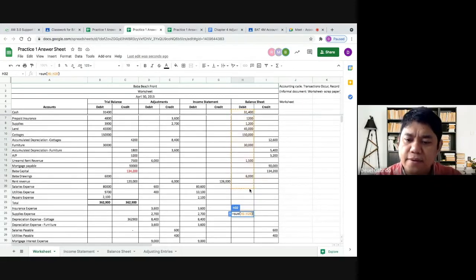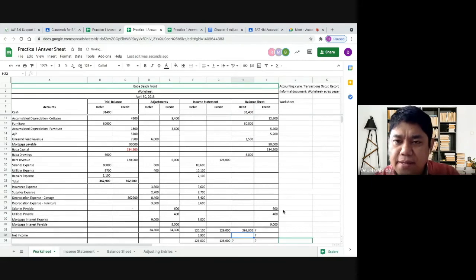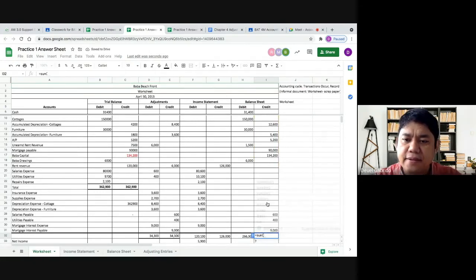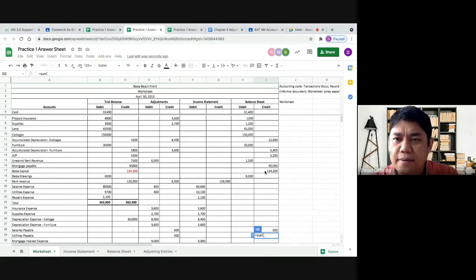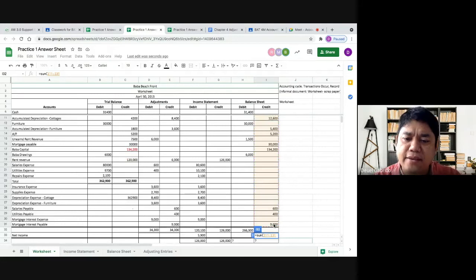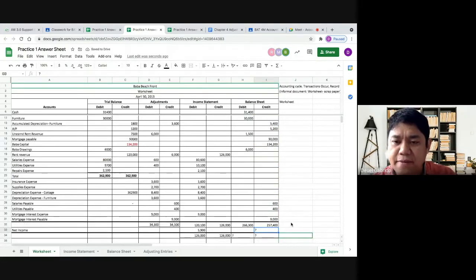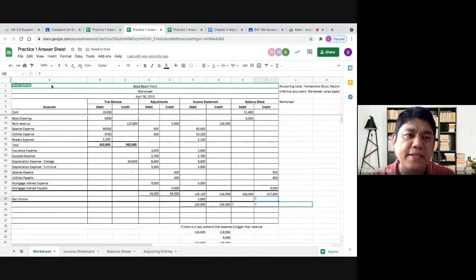My debit is 266,300, and then my credit is, let's see, from 12,600 going down to the last number, up to 9,000. That is 257,400. Let's see what the difference is. I'll make it bigger.